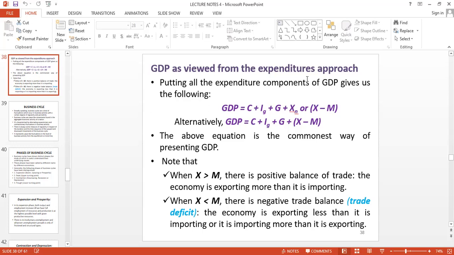Now, you can also have a situation, for example, where in the economy, the expenditures, the aggregate demand, are more than the supply. So when the demand is more than the supply, what will you get? You will get prices rising. Because when aggregate demand is more than aggregate supply, you have a shortage.